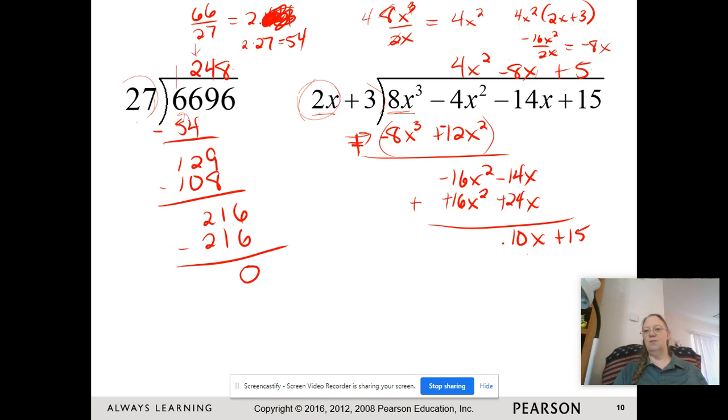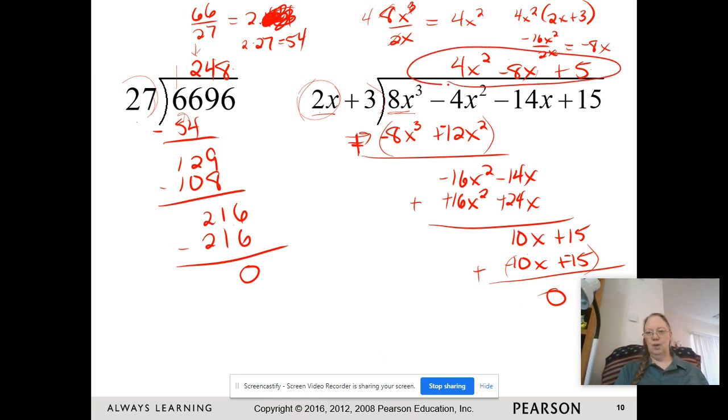And now I'm going to multiply. Don't forget to distribute. And instead of subtracting, I'm going to change the signs and add. And here we have the answer for this one. Here we have the answer for this one.